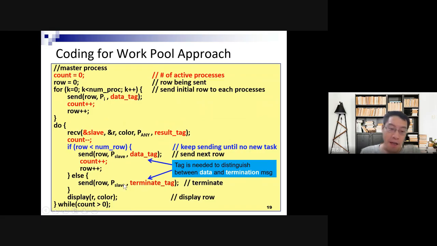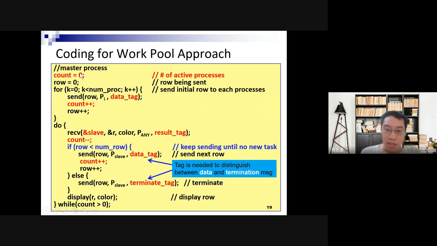Okay. However, as we said, for the master itself, in order to correctly identify whether it can really terminate and exit this for loop, it needs to check whether it already received all the returned results from the slaves. So that's why besides row, you will see we also need another variable called count.